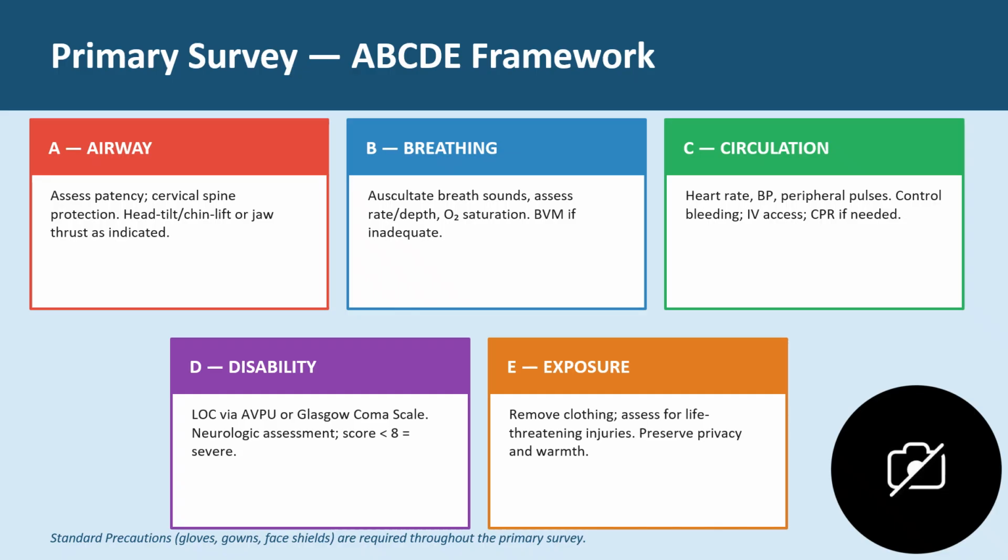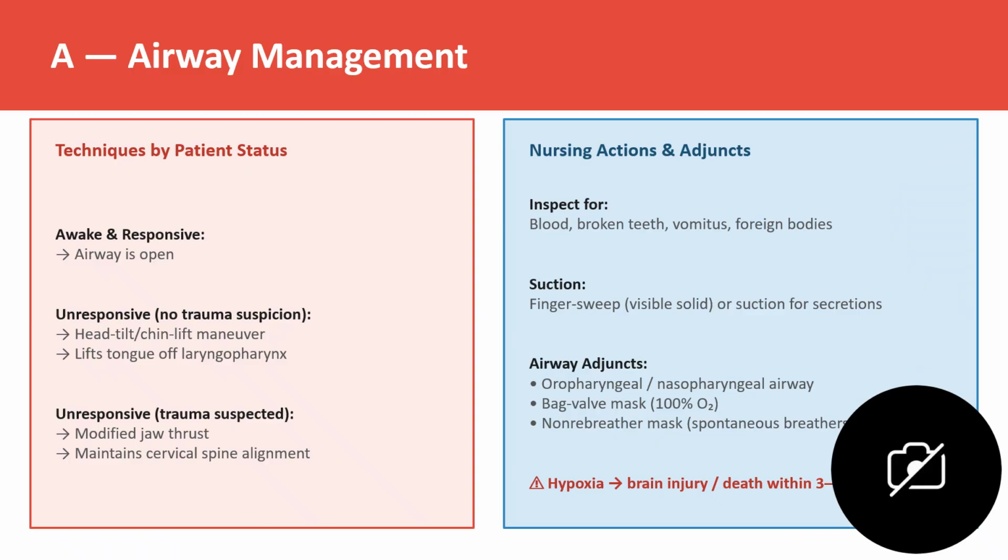All right, let's move to the next slide. Let's go deeper into airway. For a patient who is awake and responsive, the airway is presumed open. If the patient is unresponsive with no suspected trauma, we use the head tilt chin lift maneuver.